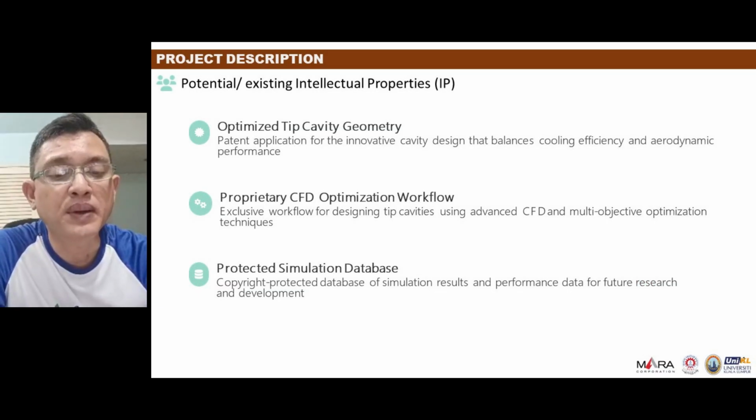Additive manufacturing, particularly selective laser melting (SLM), offers significant advantages for fabricating optimized turbine blade tip cavities that traditional manufacturing methods cannot achieve. SLM builds parts layer by layer from metal powder using a laser, enabling extremely complex and precise geometries.